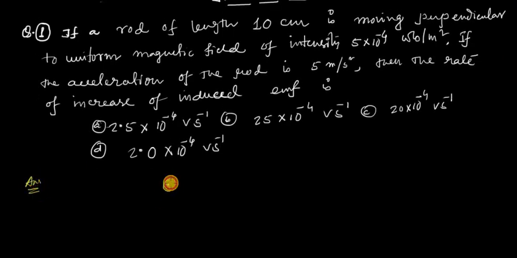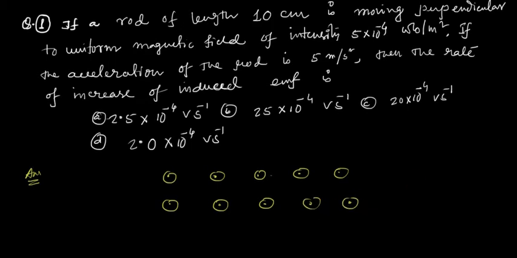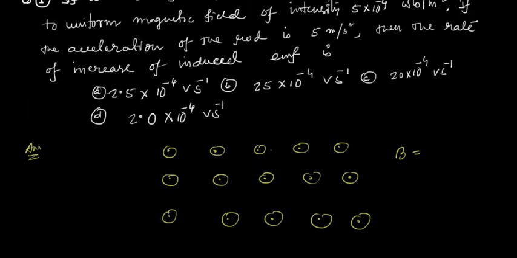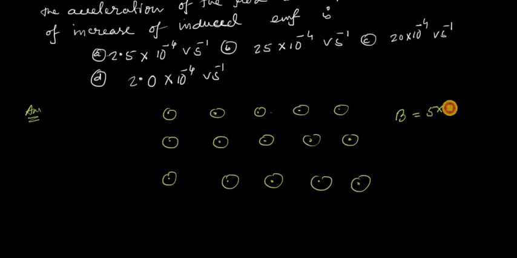Suppose this is our magnetic field which is perpendicular to the plane of this blackboard, and this is magnetic field coming towards you, perpendicular to the board, and the value of the magnetic field B is 5 times 10 to the power minus 4 Weber per meter square.